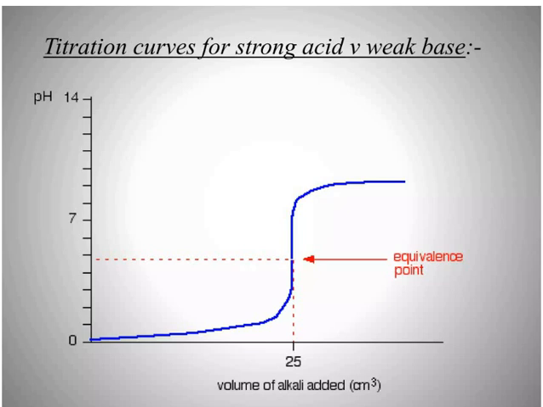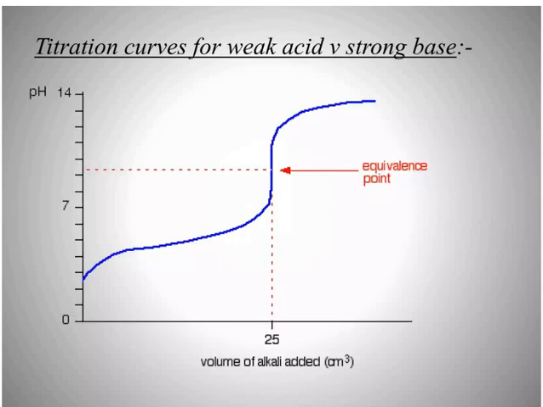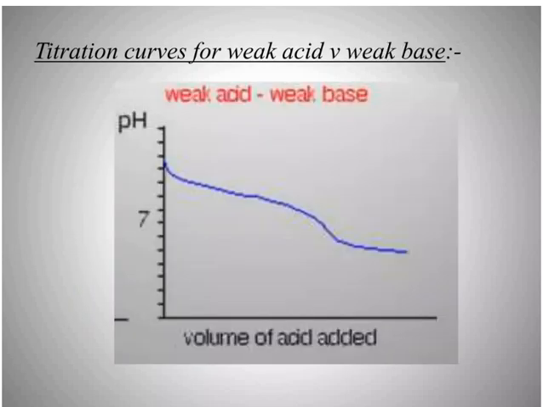Now the titration curve for a strong acid, weak base, you can see the equivalence point. Now the titration curve for weak acid versus strong base, you can see the equivalence point. Now the titration curve for weak acid and weak base, you can see the graph pattern.